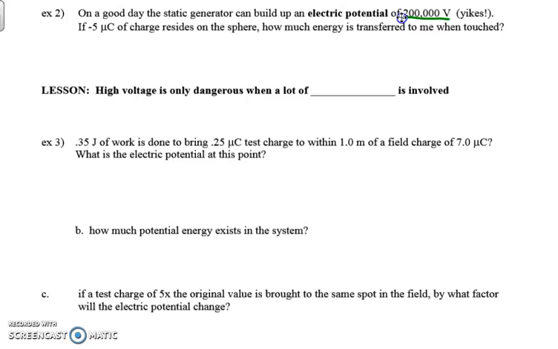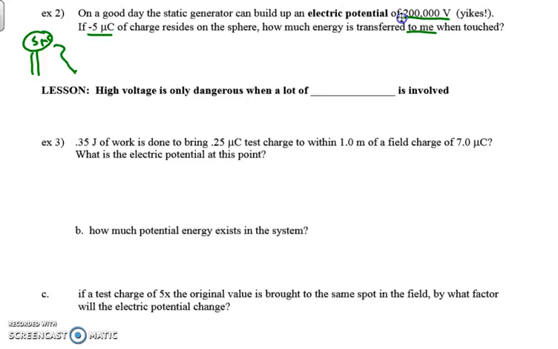So let's say we put 5 microcoulombs on a sphere. How much energy is transferred to me when I touch it? So if this is the static generator, and there are 5, forget about the negative right now, that's not really relevant, there's 5 microcoulombs on there, and it touches me.